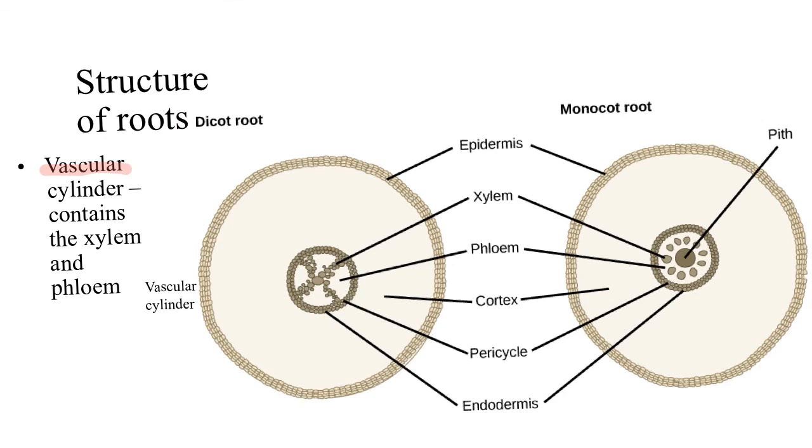When we are looking at a dicot, you will see that the xylem, one of those vascular tissues, is at the center of the root, and it's often going to be forming that X shape. Whereas if you look at a monocot, the xylem are these little balls, and they're going to be forming a sort of ring or circular pattern at the center of the root.